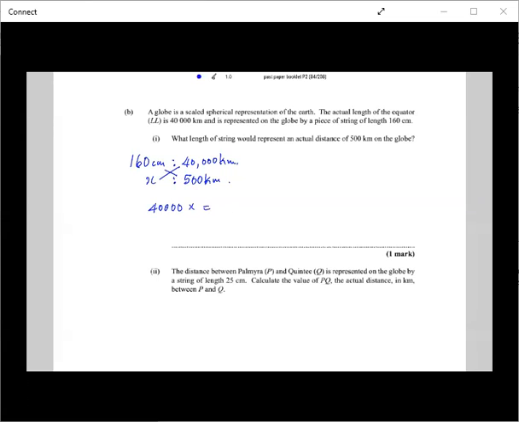I'm wondering if I should have converted everything to centimeters. Let's proceed. Then I'm going to divide both sides by 40,000. Cancel the 3 zeros. So now I have X is equal to 16 times 5 divided by 40.